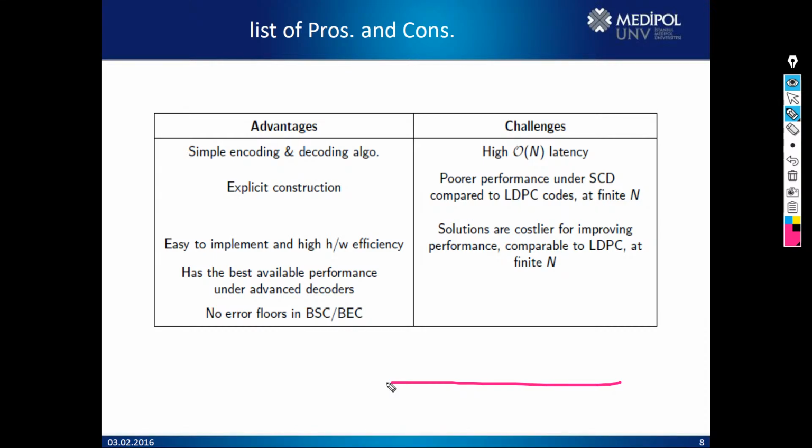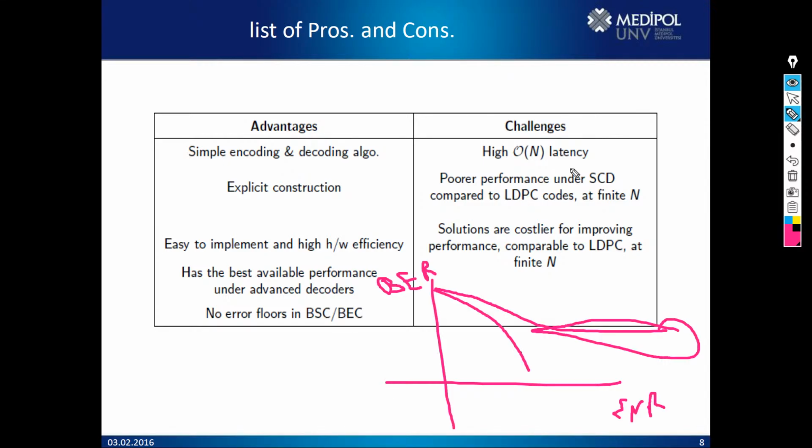same bit error rate. The challenge is, first of all, high latency. The latency depends on the length of the code word. There is also poorer performance under successive cancellation detection. When you use a simple decoder at the receiver like successive cancellation detection, you cannot beat LDPC codes.